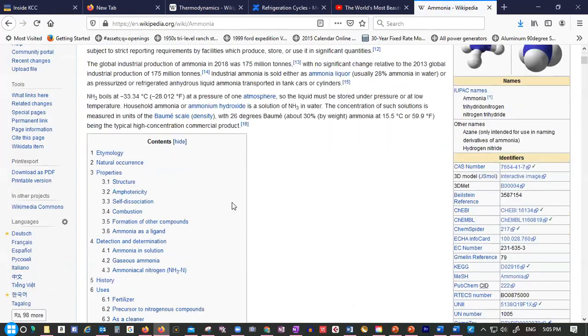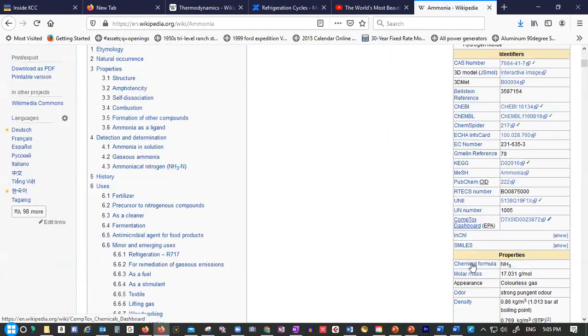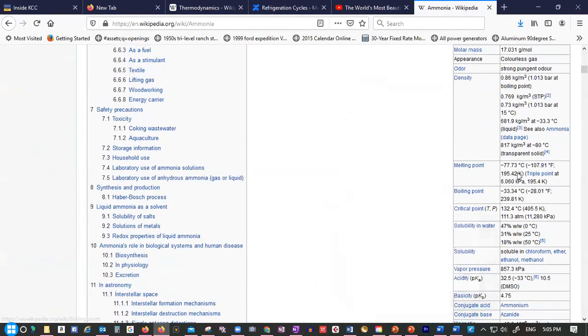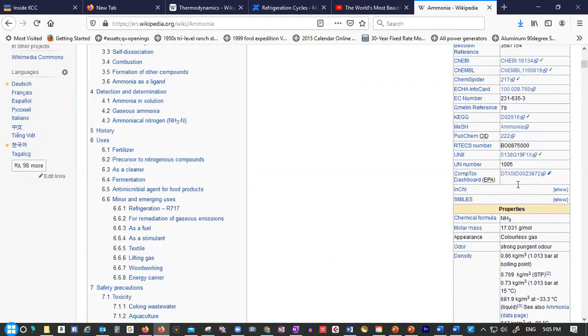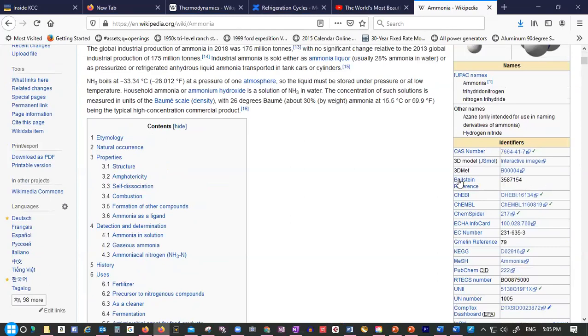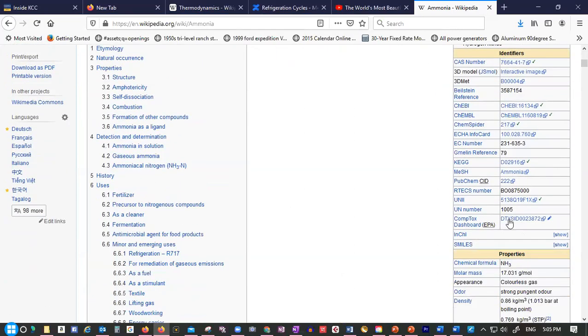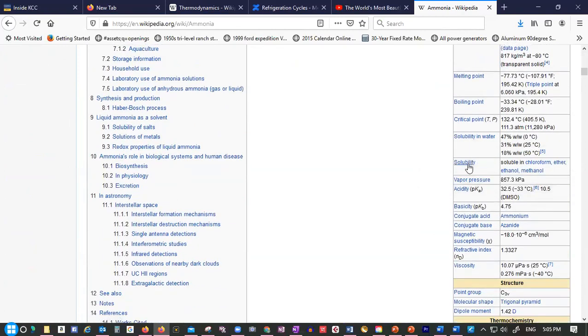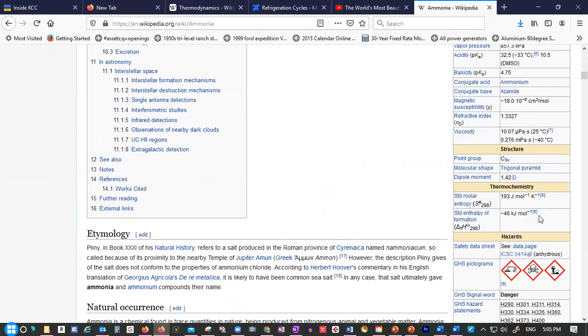And then you go somewhere here and it gives you a lot of information. Let's say we're looking for delta H for ammonia. You go down: the melting point, the boiling point, critical point, solubility in water, standard molar entropy.